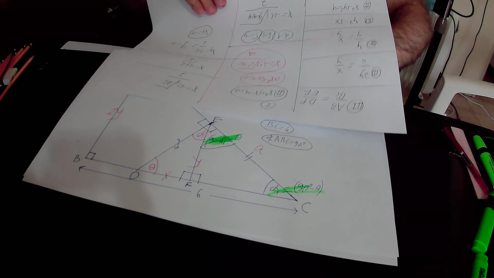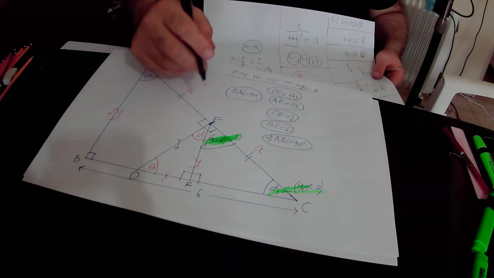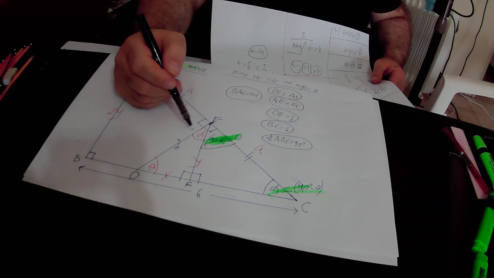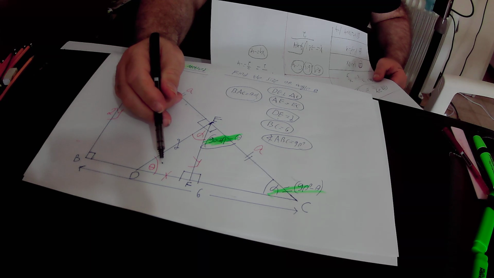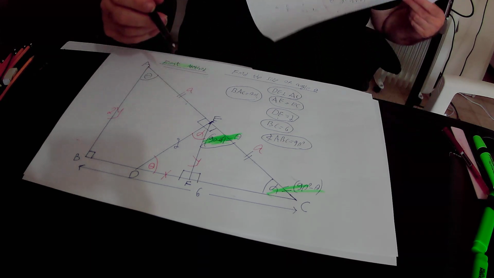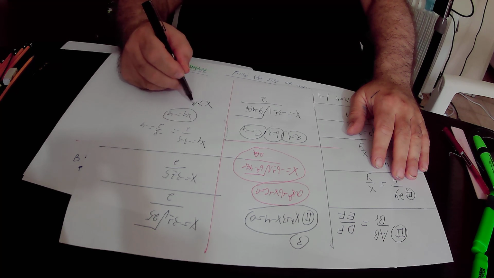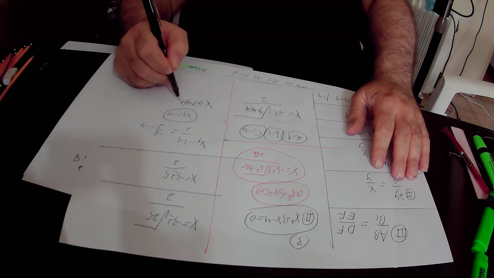But here, from the drawing, you can see that x is the length of side DF of the right triangle DEF, and x as a length must be a positive number.